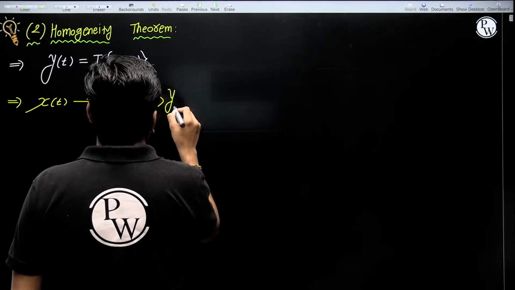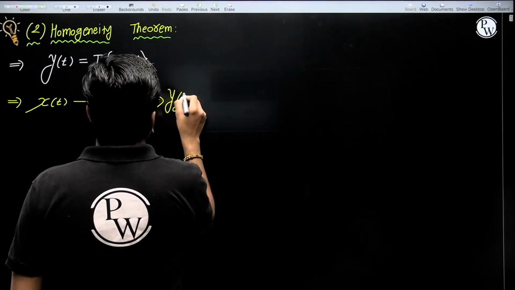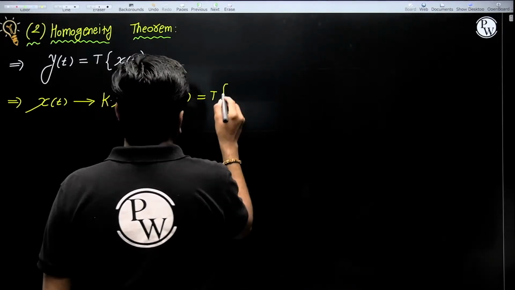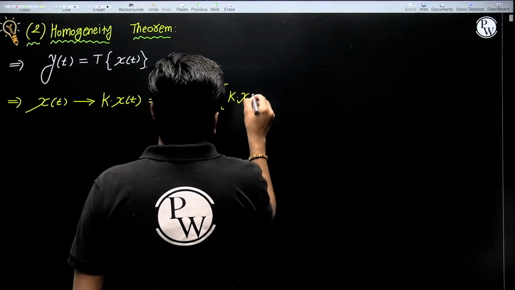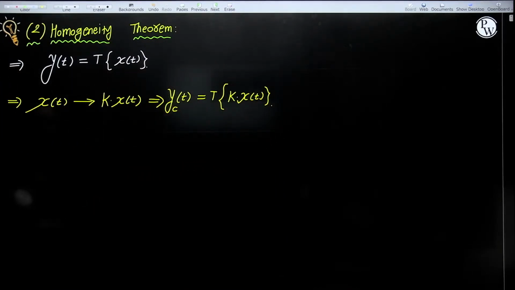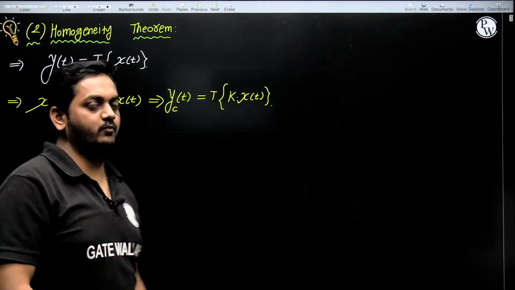Consider it yc of t. This is the response due to scaled input.